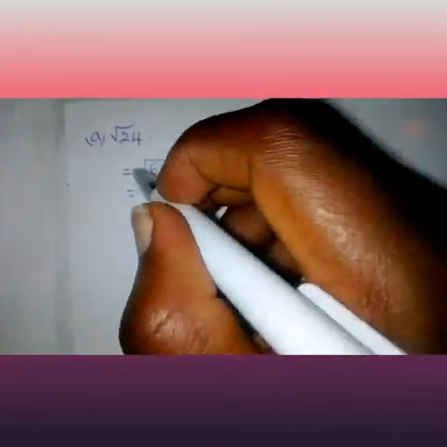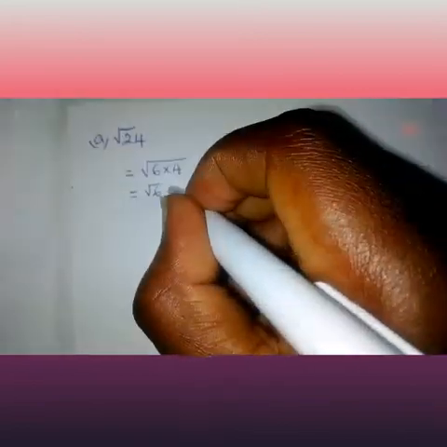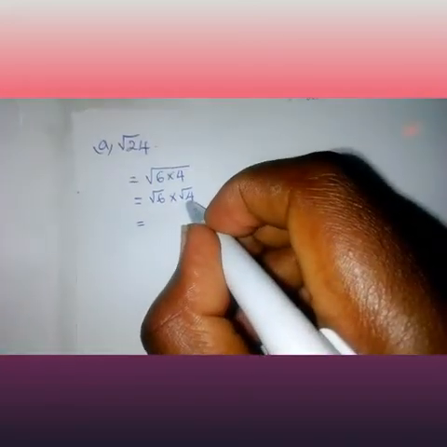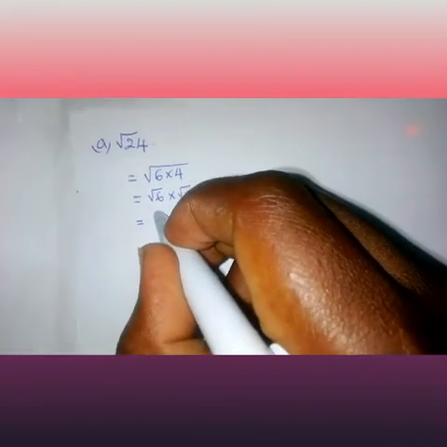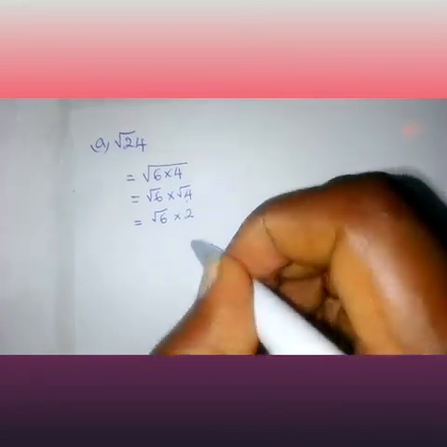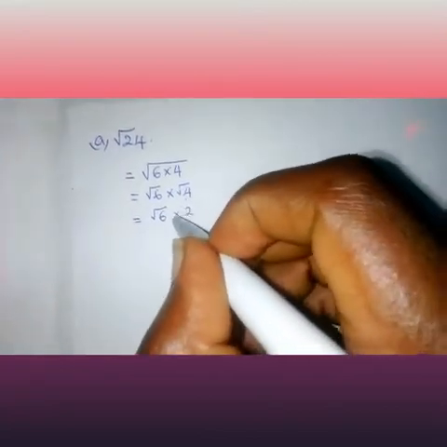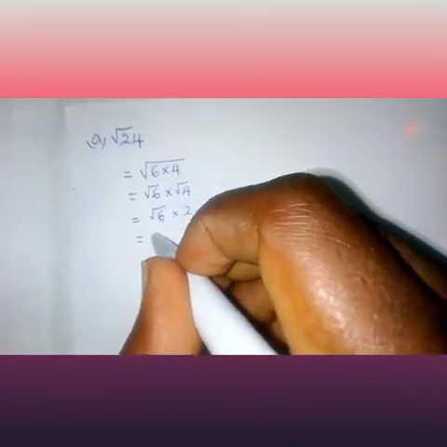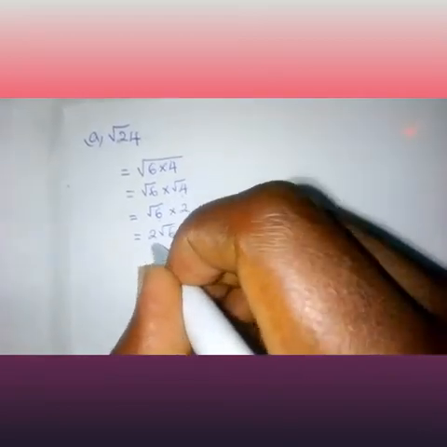Now, like we said in one of our rules, the root here can distribute such that we have root 6 times root 4. But we know for sure that root 4 actually gives us 2. So we shall have root 6 times 2. This number is outside the root, this is inside the root, they can't multiply. So I'll finally write 2 root 6.